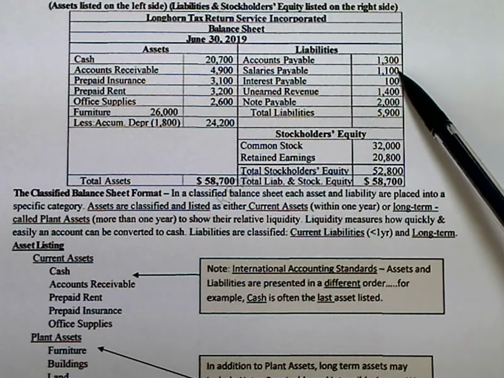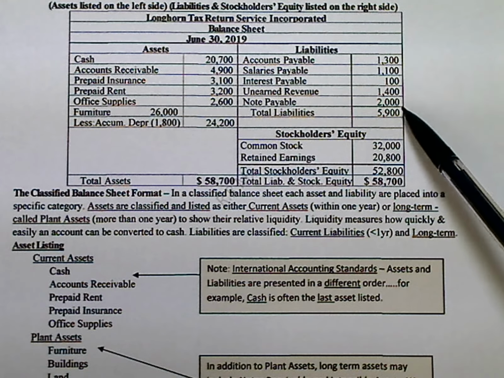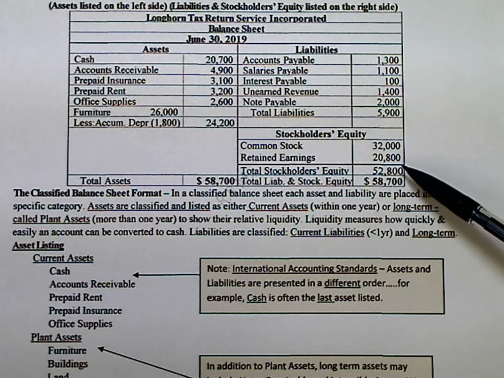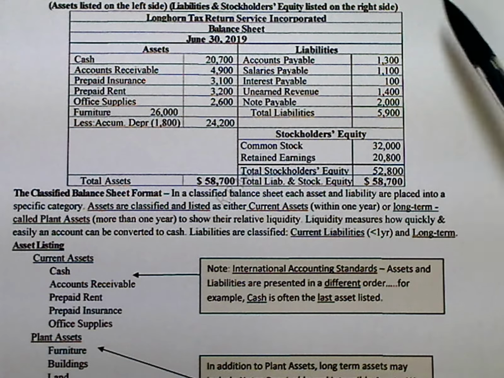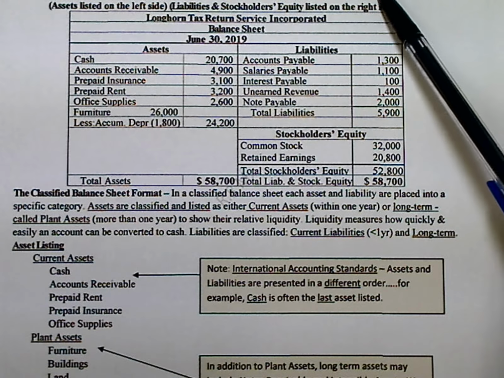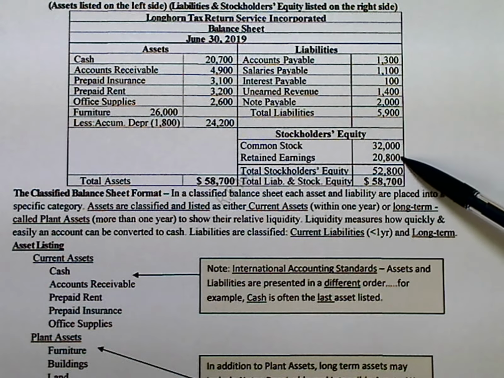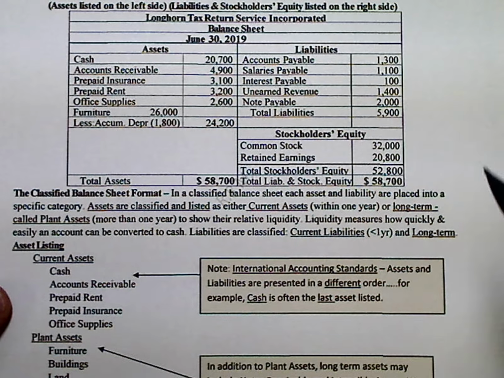All the liability accounts. Here, let's see. Oh, there's the net income. Net income here, balance in retained earnings. Okay, here it is in the statement of retained earnings, 20,800. Add them together.